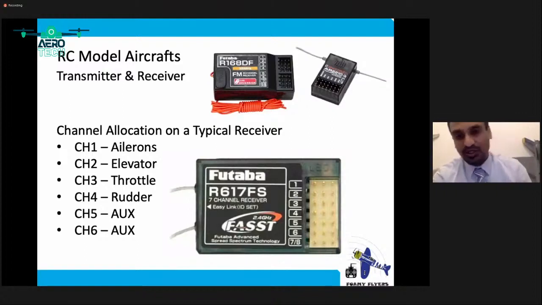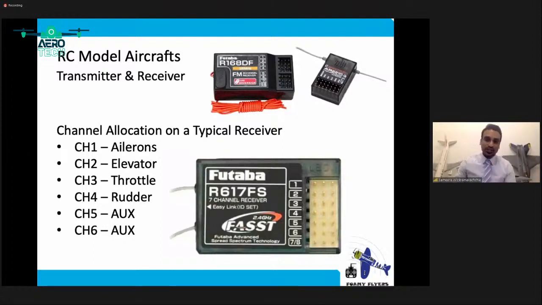And the other thing you need to know is that when you're connecting your electronics onto this receiver, for example, if you have accidentally connected throttle onto ailerons, you need to know that when you plug in your battery, the ailerons are basically active. Like, for example, I showed you on the transmitter that the throttle lever is always going down.